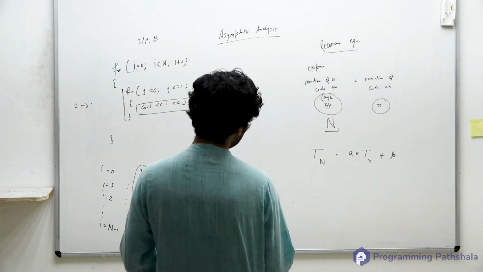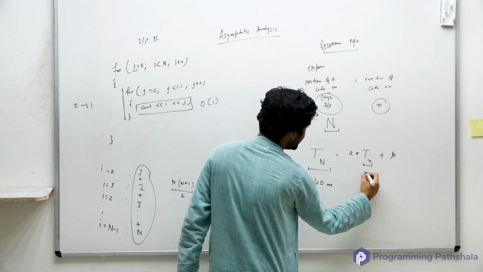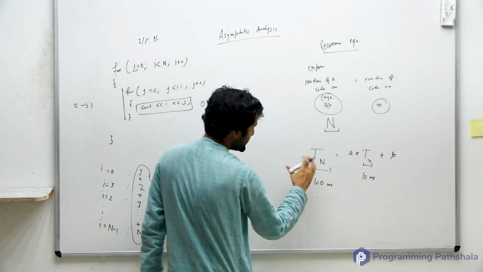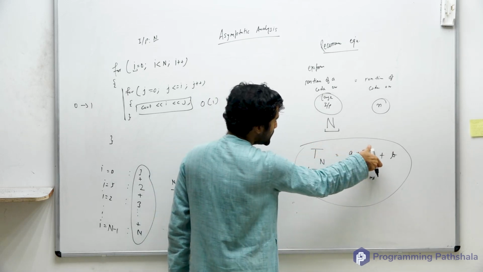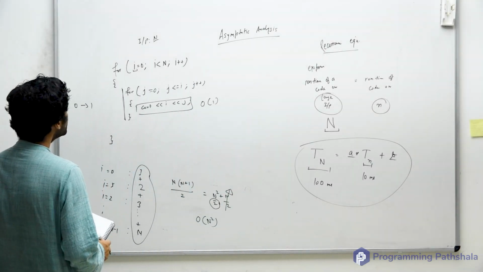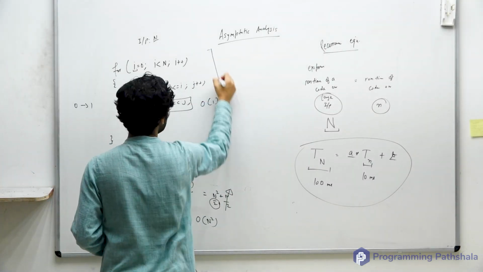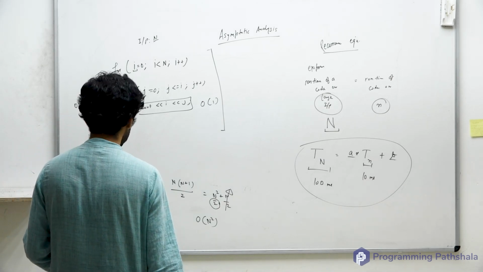So this runtime could have been 100 milliseconds, and this runtime could have been 10 milliseconds. It is basically nothing but an equation that relates this thing to this thing with the help of certain other constants. So let us try to build a recurrence relation for this code.